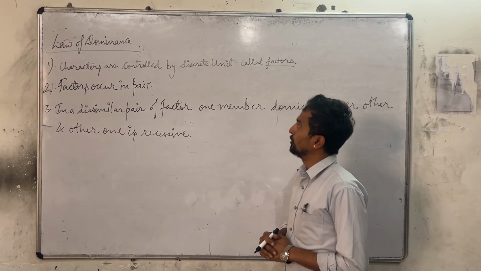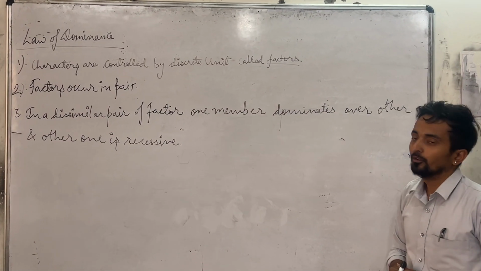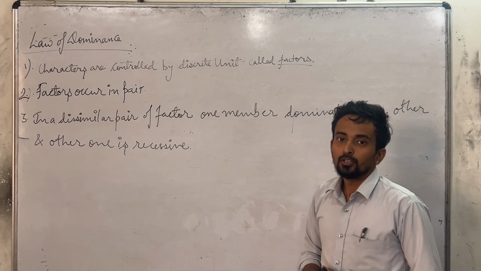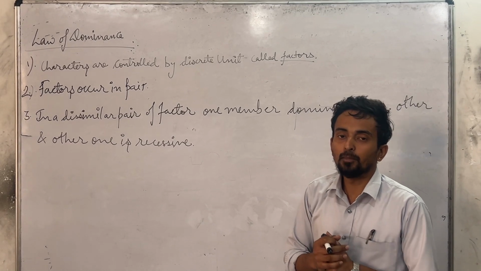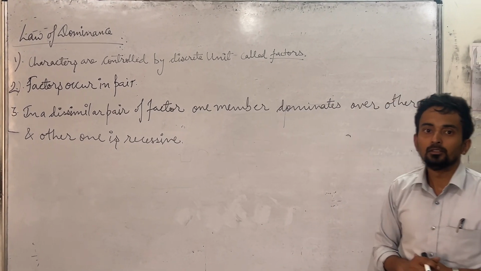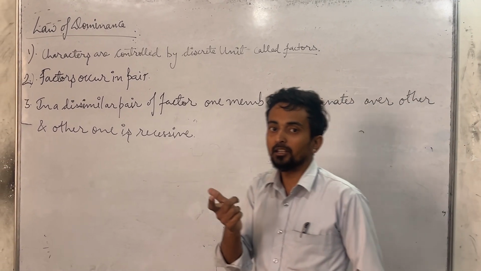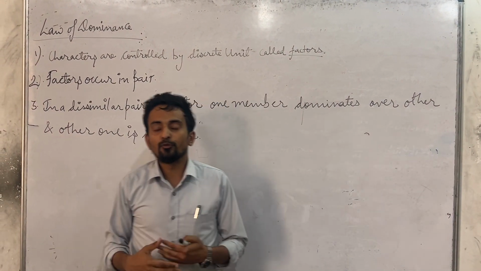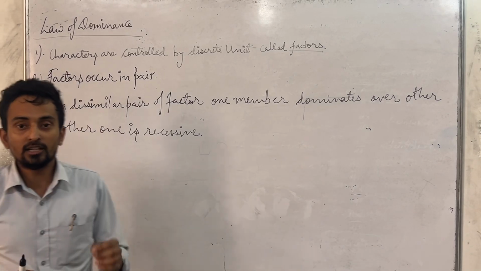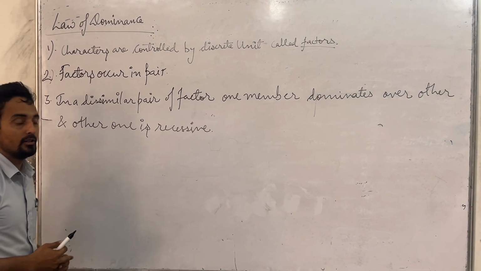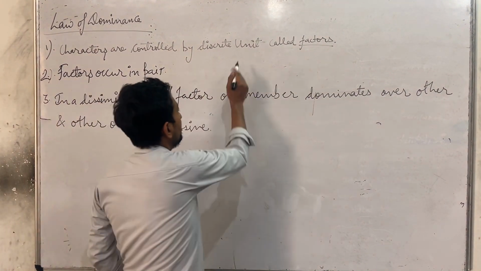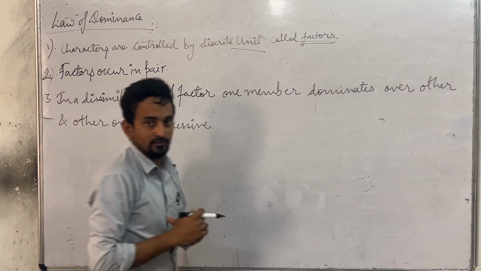Characters are controlled by discrete units called factors. In the experiments done by Mendel, he concluded what moves from one generation to another. That one is a unit known as factors.